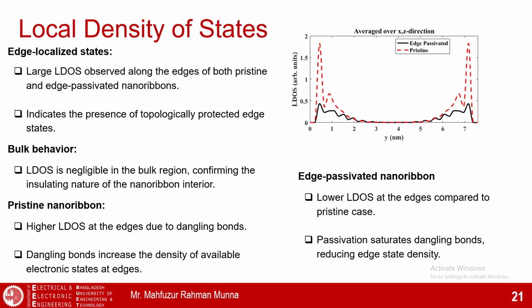However, at the bulk of the nanoribbon, the density of state is almost zero, and the local density of state at the edge is significantly higher for pristine zigzag nanoribbon due to the existence of trivial edge states due to dangling bond in comparison with a stanene nanoribbon.